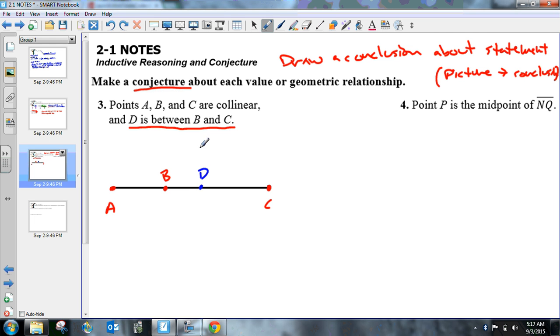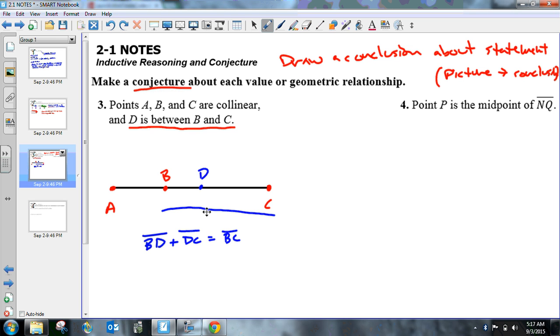Okay? Now, what conclusion can I draw about this? There's a number of things we can say, but the first thing I want to say is just using B, D, and C. And I'm going to write this. I know because those are on the same line that this follows the segment addition postulate. And I can say that BD plus DC is equal to BC. Okay?